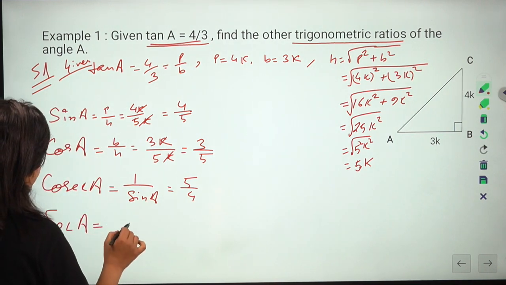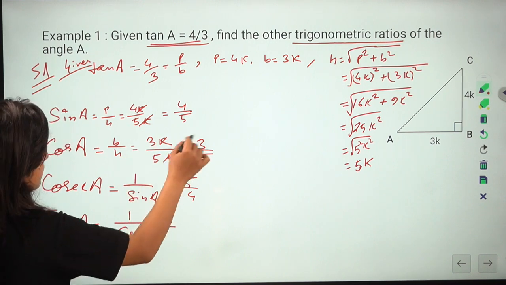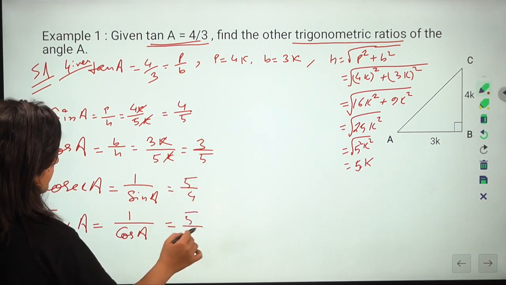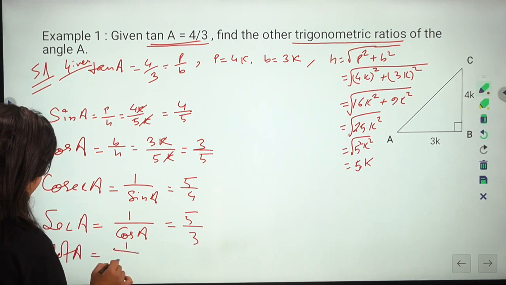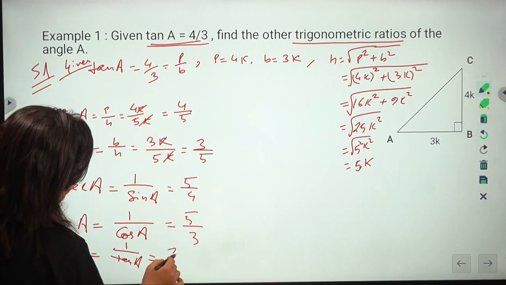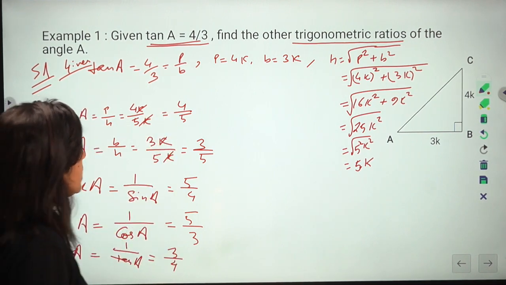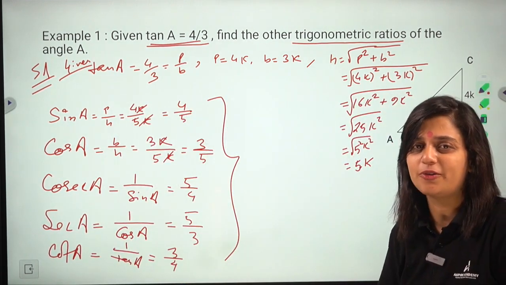Sec A will be the reciprocal of cos A. That means the reciprocal of this one, 5 by 3. And cot A will be the reciprocal of tan A. So what is tan A? 4 by 3, so cot A is 3 by 4. So these are the required answers. Clear? Any doubt? No doubt.